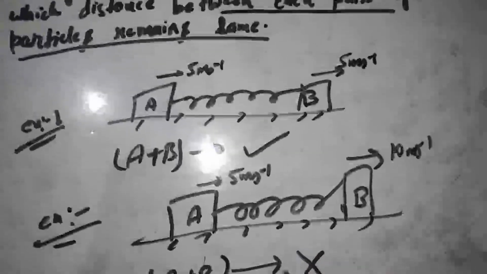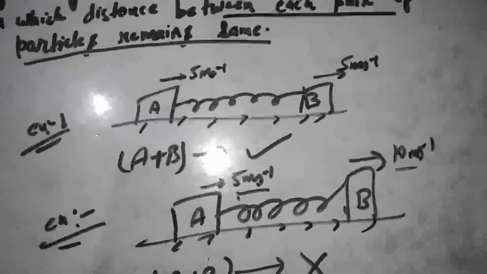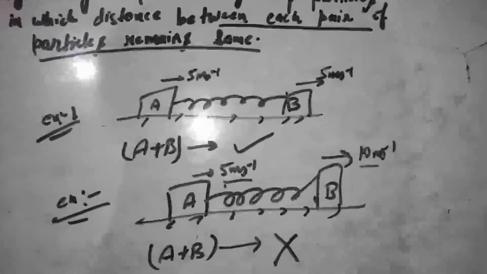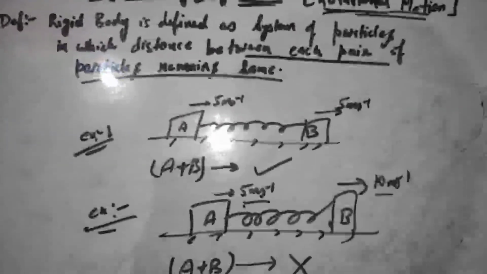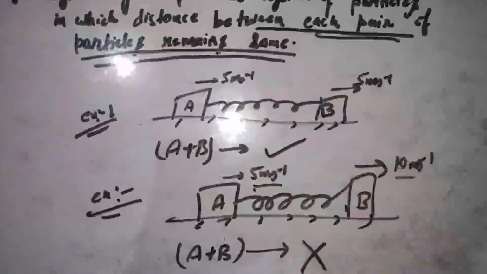The answer is no, because since their velocities are different, their separation will change with the passage of time. This is the very basic idea of rigid body dynamics, and this is the very important line that will govern entire rigid body dynamics further.